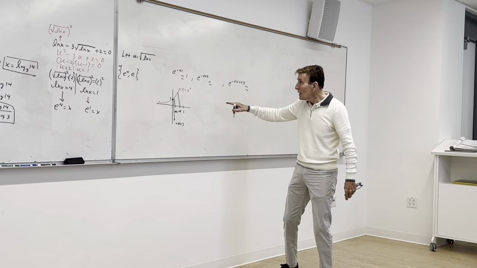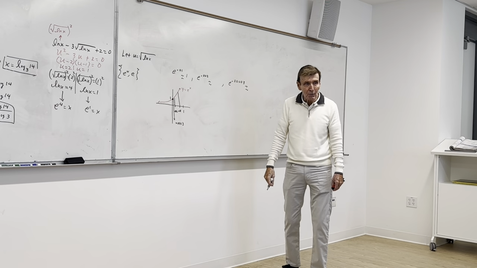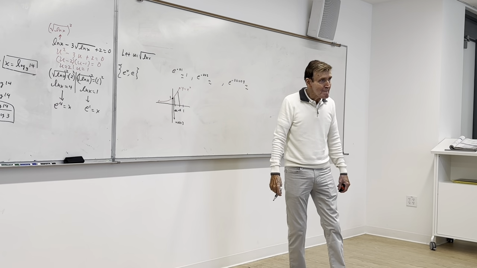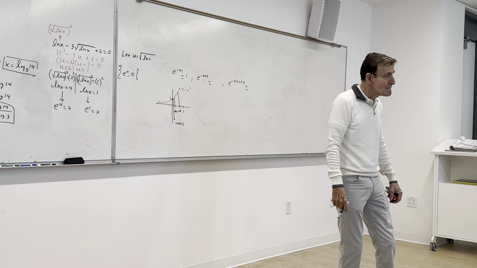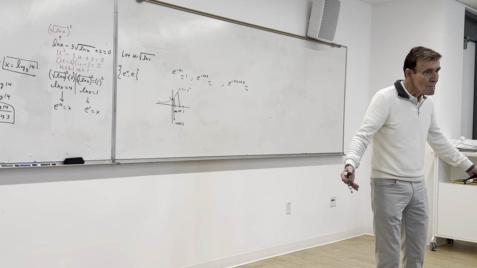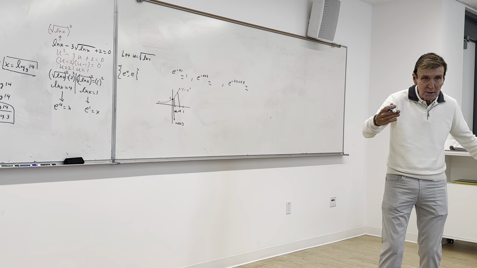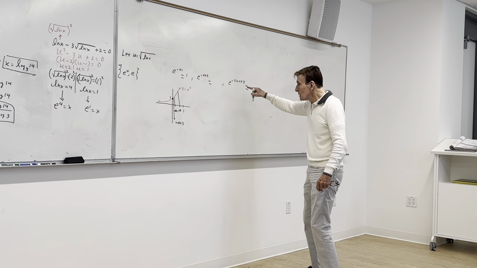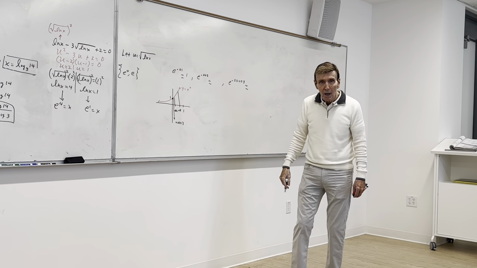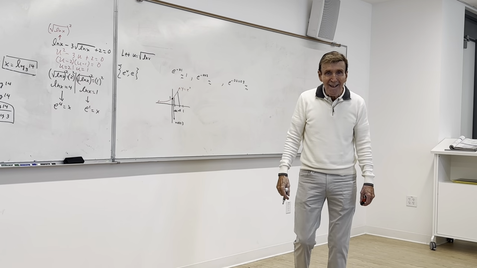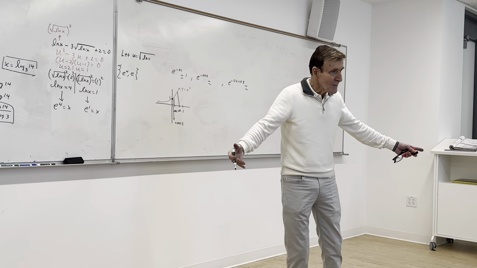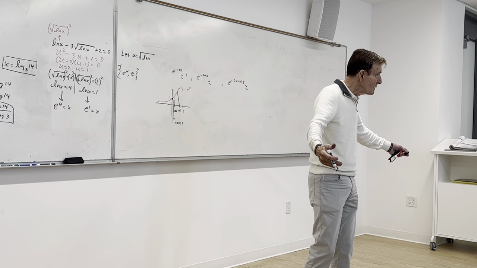E raised to the 0.002. It's like 1.002, a little closer. And how about this one with the four zeros and the 3? It's 1.0003. Are they all close to 1?